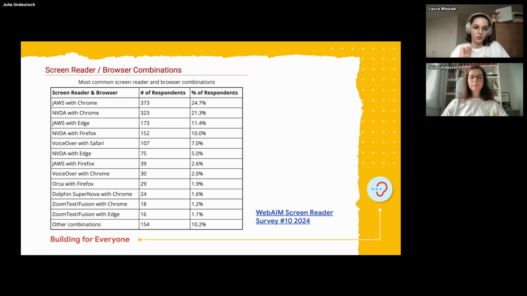But it's also important to notice that while these are the answers which they found, not everyone who is relying on a screen reader is necessarily interested in web accessibility. Some people just want to go about their lives, just want to use their phone, and if they need a screen reader to access this, then so be it, but they are not involved in web accessibility as much as we are, because they don't care.